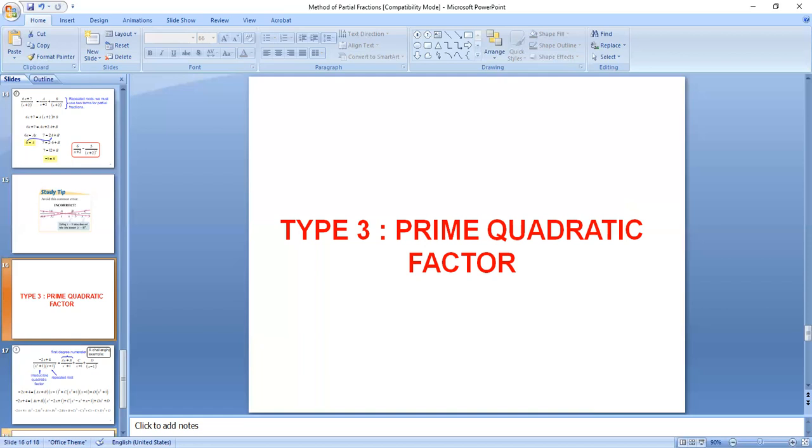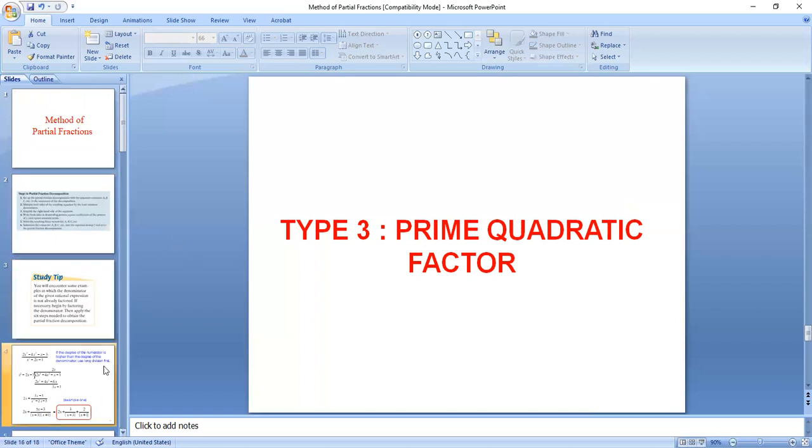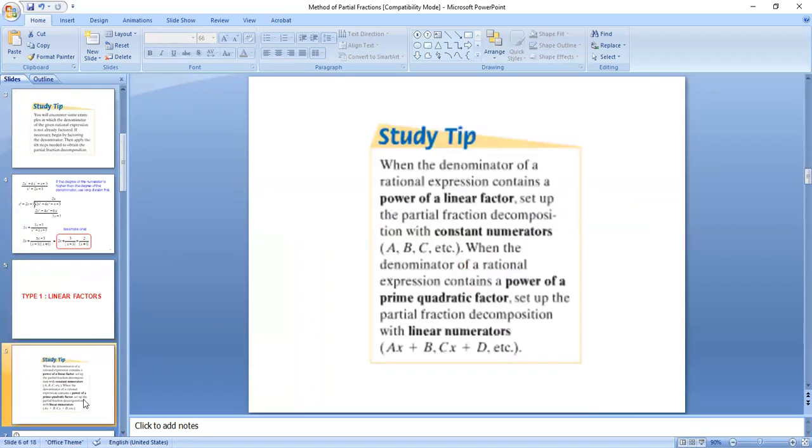What do you mean by a prime quadratic factor? This is the thing being referred to in here: when the denominator of a rational expression contains a power of a prime quadratic factor, set up the partial fraction decomposition with linear numerators.